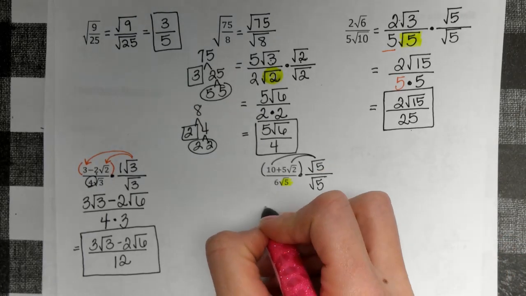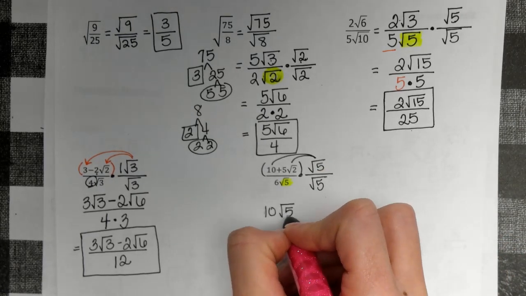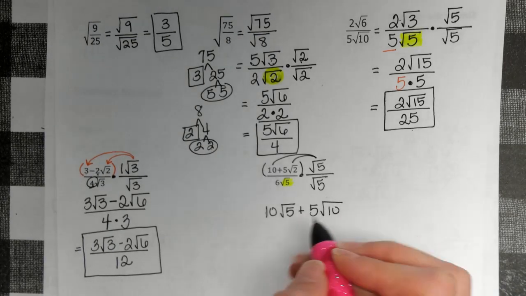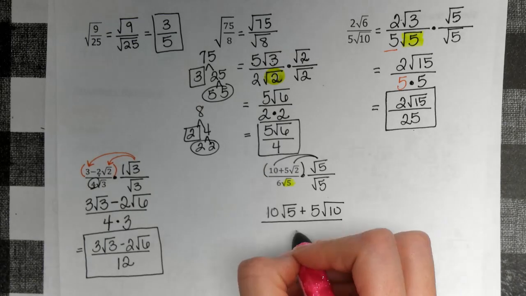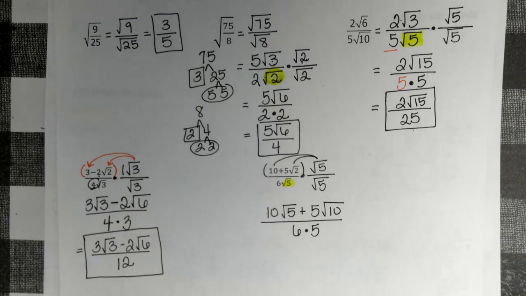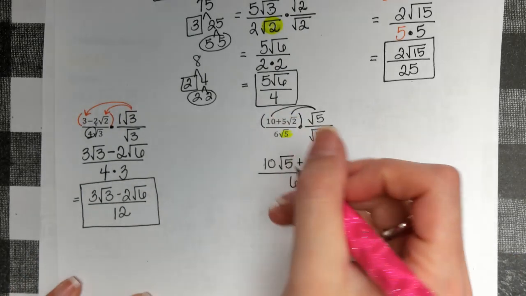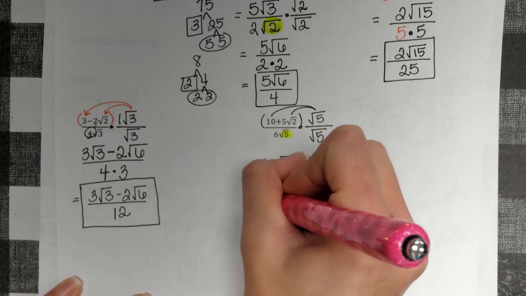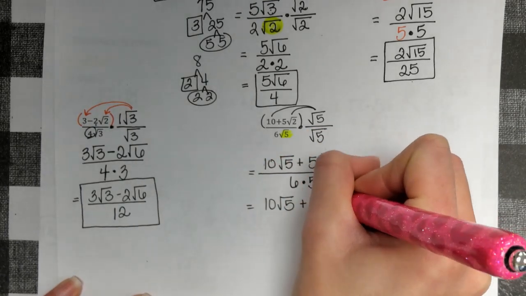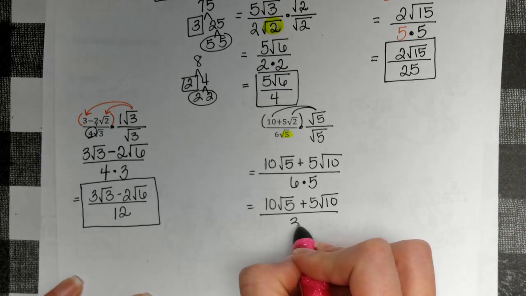And that becomes 10 square root of 5 plus 5 square root of 10 over, bring down your 6 and multiply that by 5. So that gives me 10 square root of 5 plus 5 square root of 10 over 30.